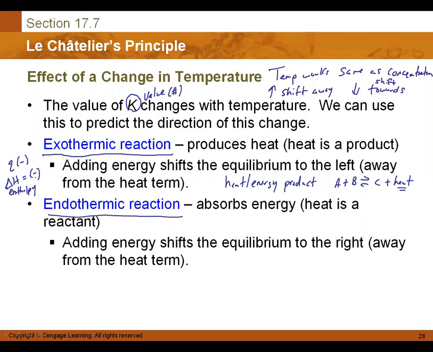They give you the delta H value for the reaction. The number is really not important. The only thing that's important is actually the sign. So if you see a negative number with a delta H value, for our purposes, you really don't have to do much with it other than know, oh, it's negative. So that means that this reaction is exothermic. Endothermic is the opposite. Heat and energy is thought of as a reactant.